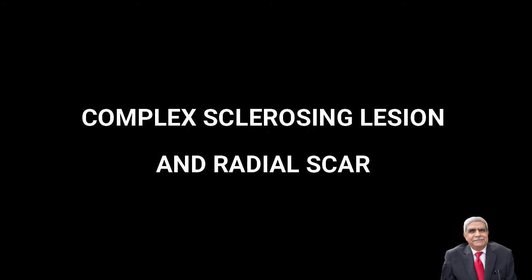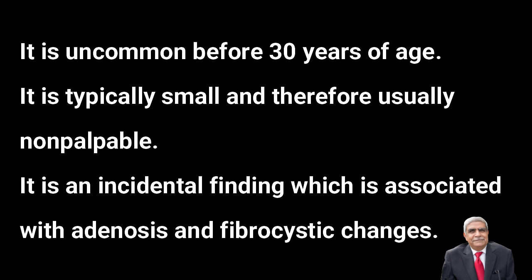Complex sclerosing lesion and radial scar. It is uncommon before 30 years of age. It is typically small and therefore usually non-palpable. It is an incidental finding which is associated with adenosis and fibrocystic changes.